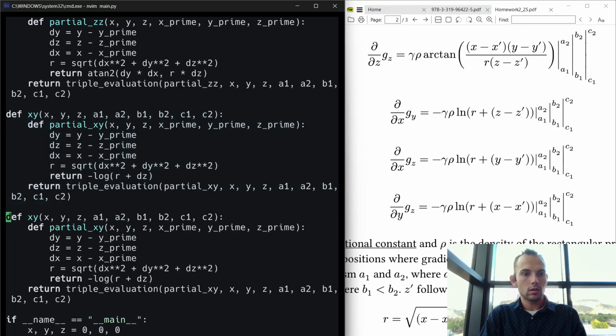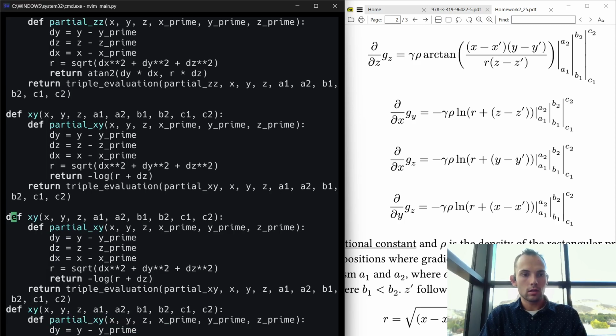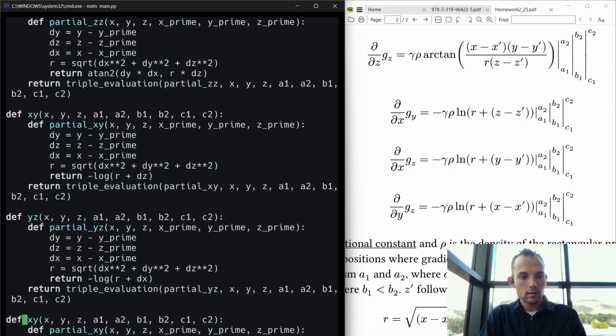Let's just copy and paste. Yeah, don't tell your computer science teachers. This is how I code. Like I said, I just want to get the job done today. I want to get it done right.